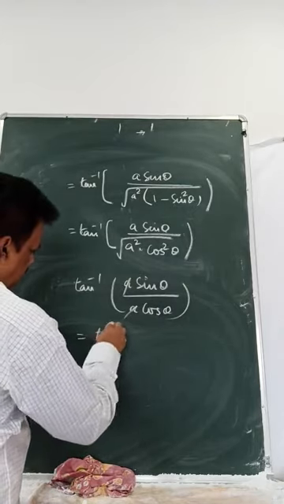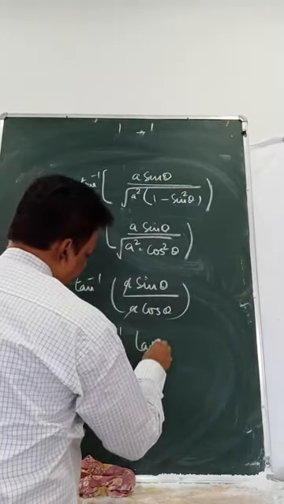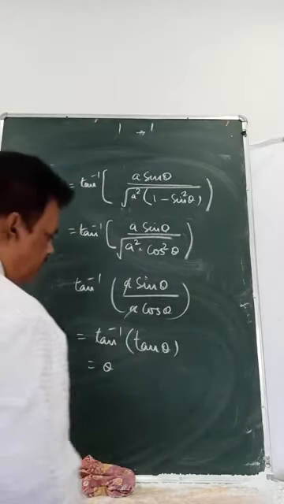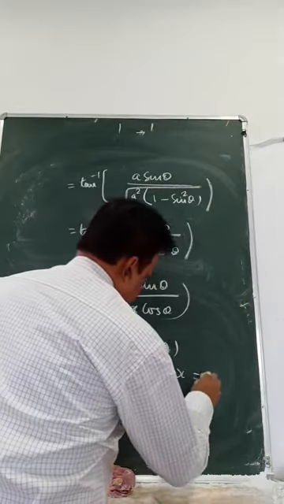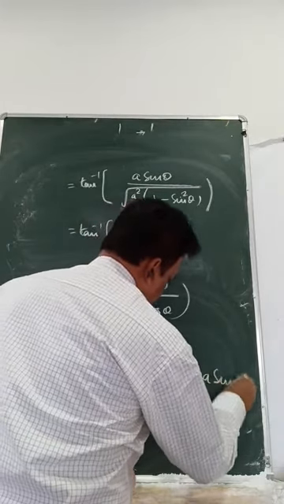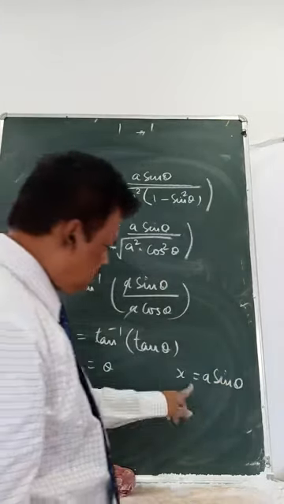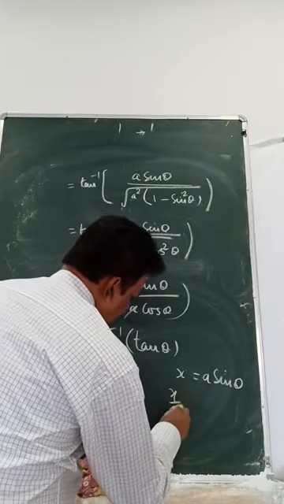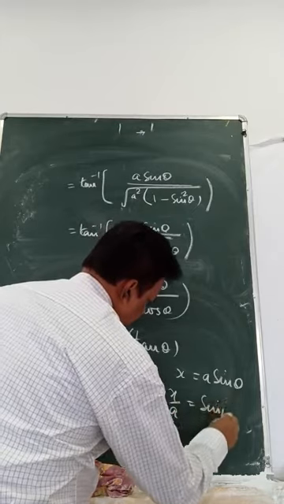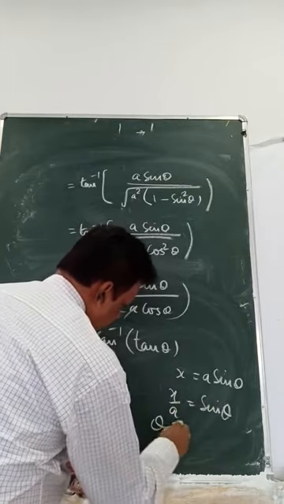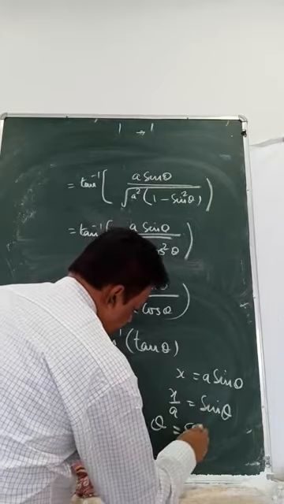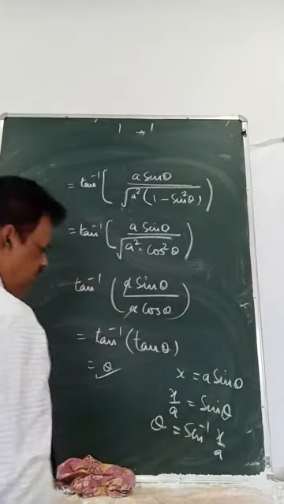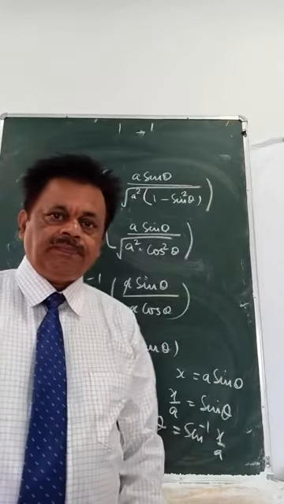Tan inverse, this is tan theta, that is theta. But what to find? If x is a sin theta, then x by a equals sin theta. Then theta equals sin inverse x by a, this is your answer.